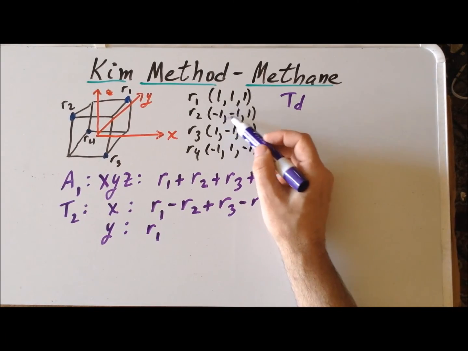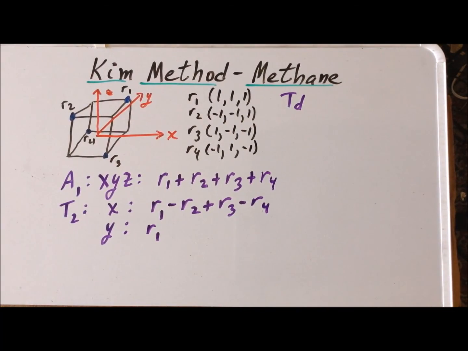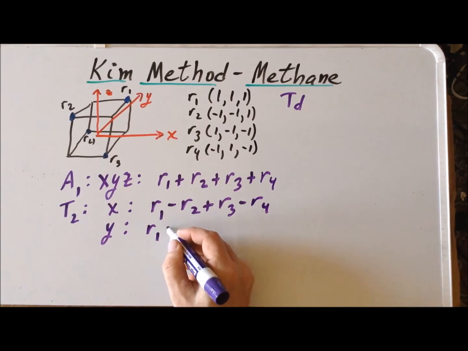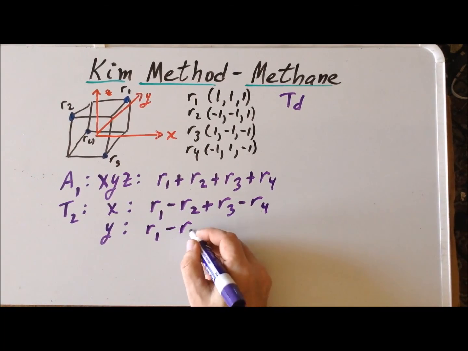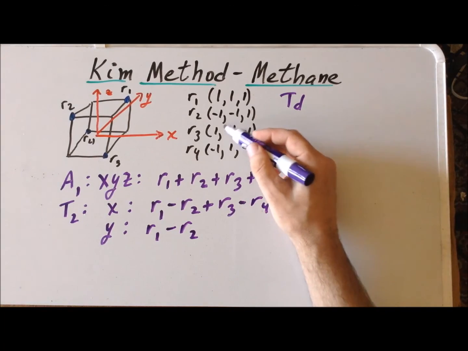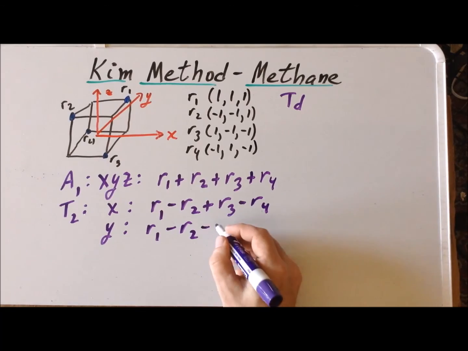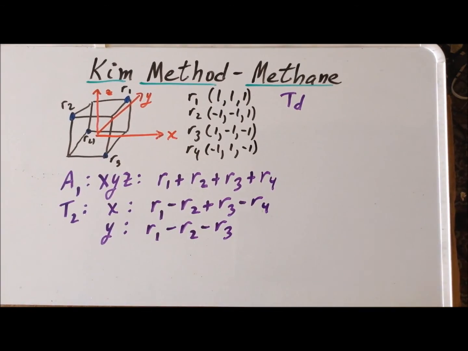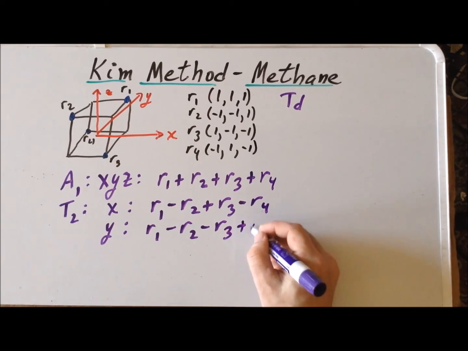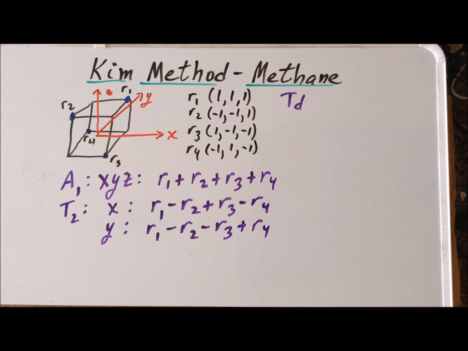For R2, the y coordinate is minus 1, so that gives us minus 1 for the coefficient for R2. For R3, the y coordinate is minus 1, so our coefficient is minus 1. And last but not least, for R4, our y coordinate is plus 1, so our coefficient is plus 1. So this particular T2 stretching vibration is R1 minus R2 minus R3 plus R4.